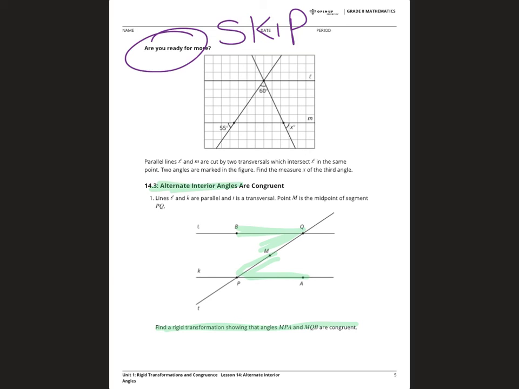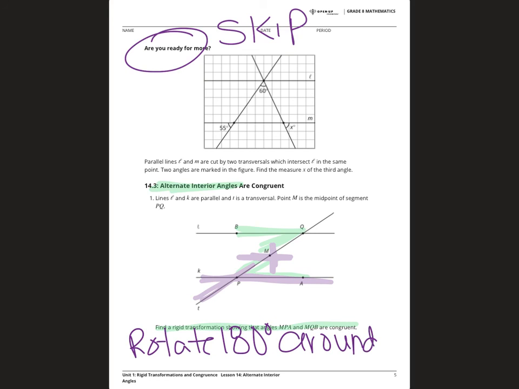Okay, so what you should have found was that you could put this on tracing paper and rotate around point M. When you do a rotation, it's going to be a rotation, rotate 180 degrees around M. Okay, when you do that, you should end up right on here.